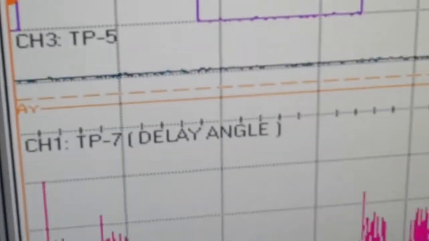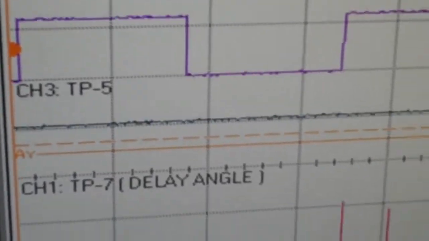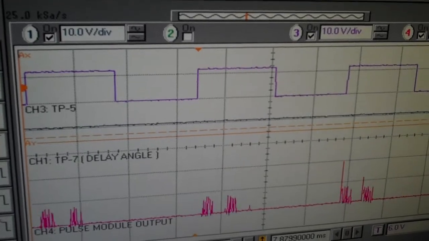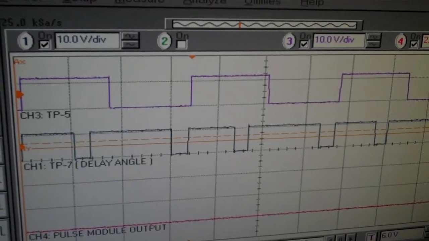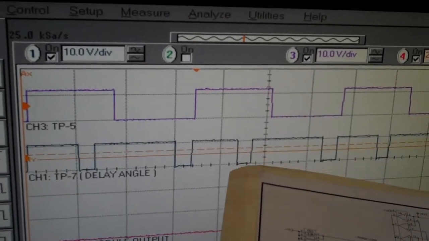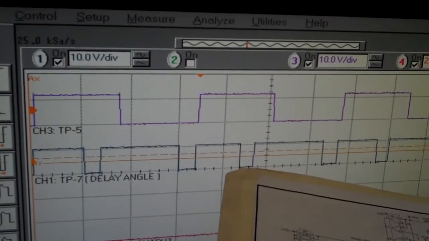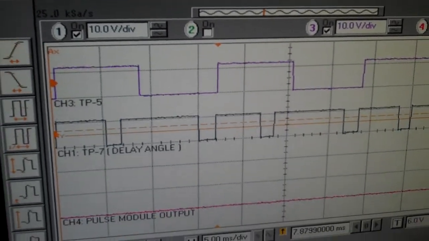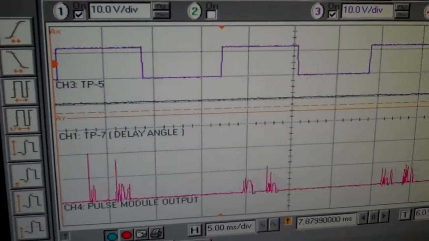Under normal conditions, that would be a solid signal at 12 volts. And when we induce the phase loss, depending on how bad the distortion is, these lows will be the places where that phase reference signal, either from the X or from the Y, is outside the window comparator.